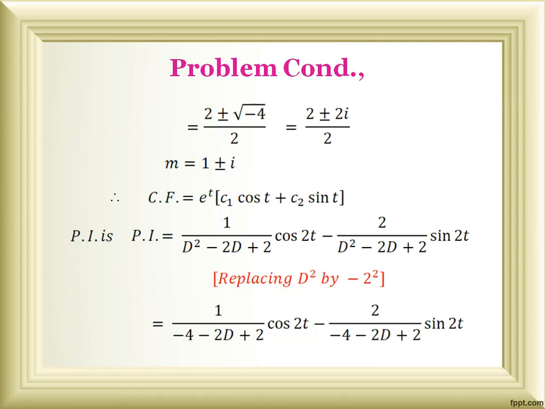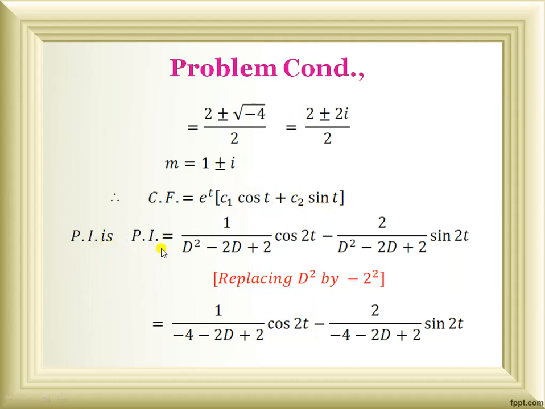In simultaneous equations you always have the independent variable t. So the complementary function is e power t, first constant into cos t plus second constant into sin t, because alpha and beta are both 1.